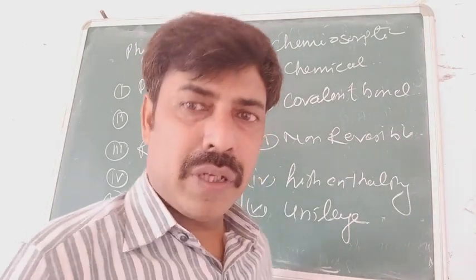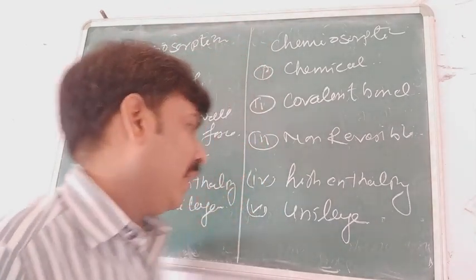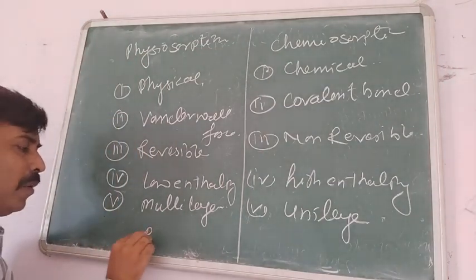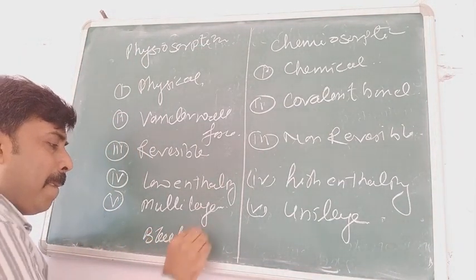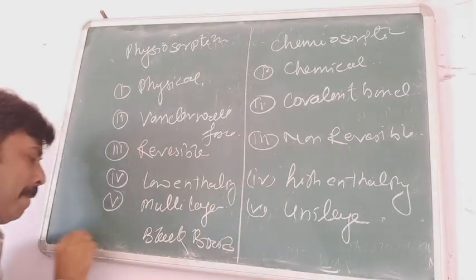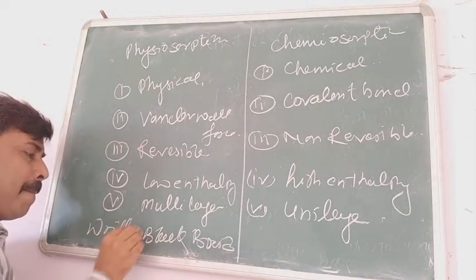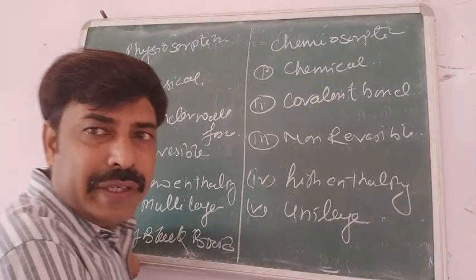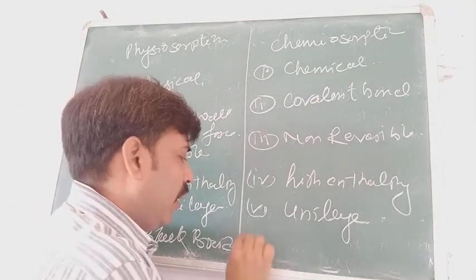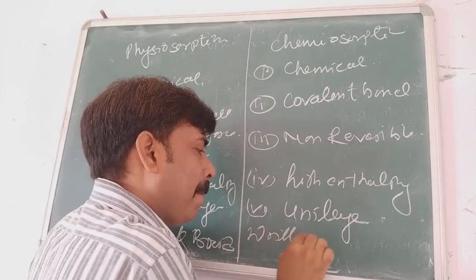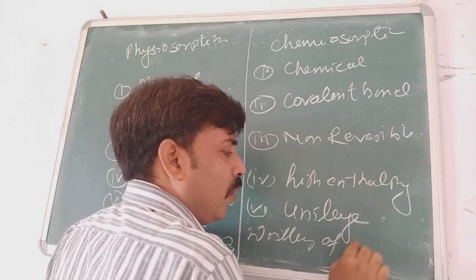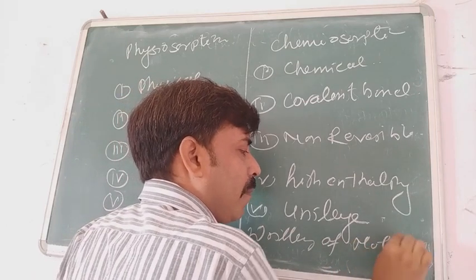When you talk about examples, you can take the example of writing on a blackboard for physisorption. And for chemisorption, it will be writing on a notebook.